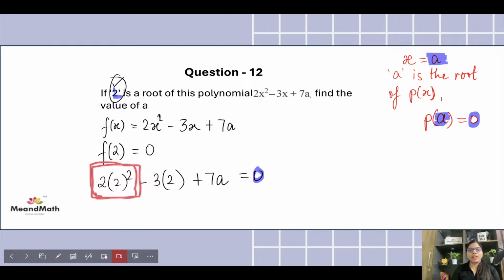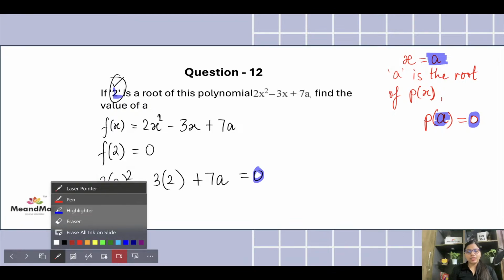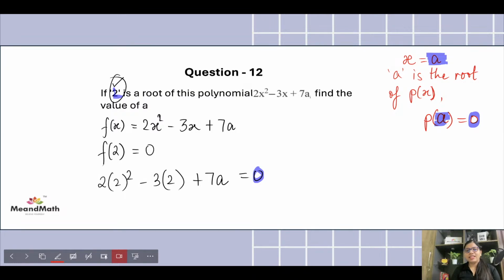2 times 2 squared. What does it give you? 2 times 2 squared gives us, quick, type it fast. Okay, it could be possible, Naval, you didn't go through these things.